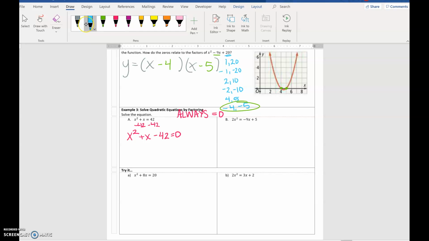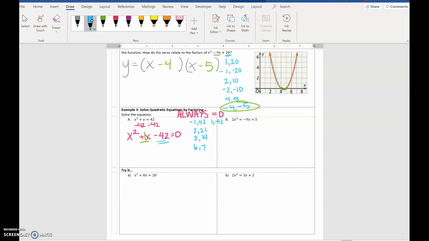So now we're back to what multiplies to negative 42 and adds to 1, because there is a 1 here. So let's do our multiplication. So we have negative 1 and 42, or we could have positive 1, negative 42, 2 and 21, 3 and 14, 6 and 7.